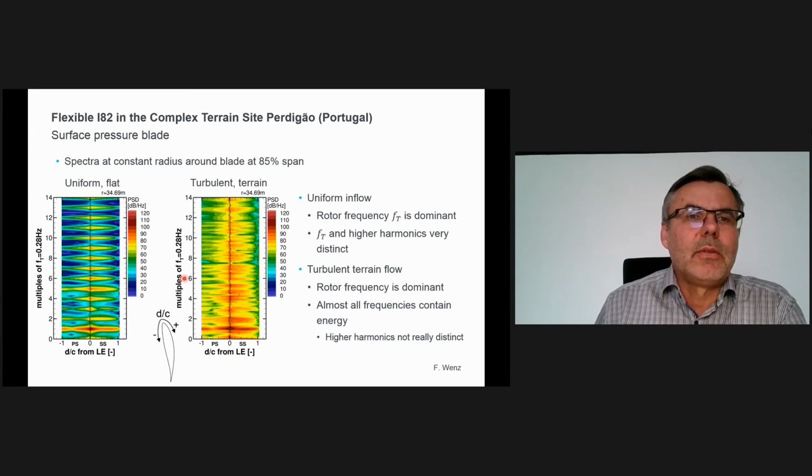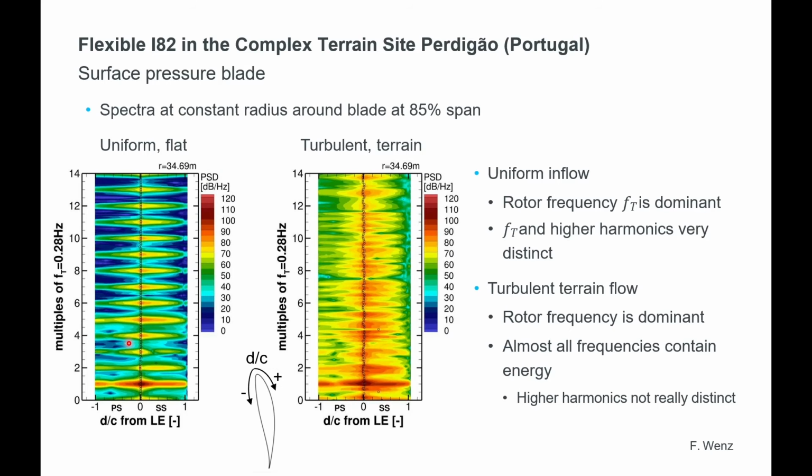Now, the next slide is on the results on the turbine blade. Here we have depicted on the horizontal axis the distance from the leading edge, in vertical direction, again frequency, and we can see for both uniform and turbulent strong signals at the rotor frequency and higher harmonics.